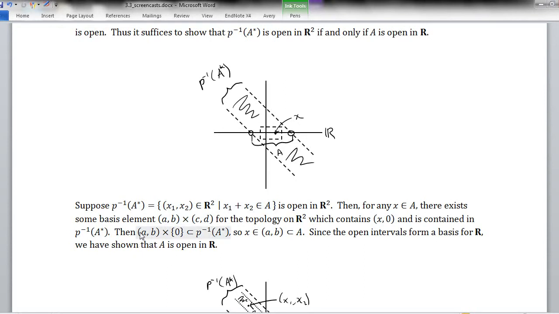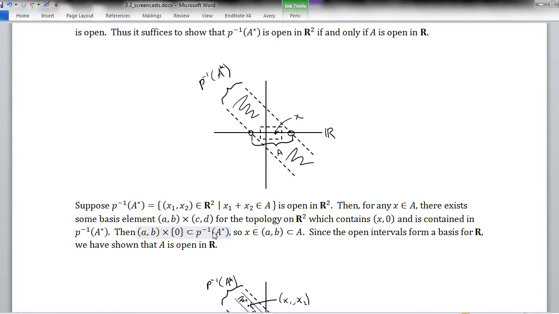What I'm going to do now is take this little piece of the horizontal axis, which is contained inside of that rectangle, which is just the interval from a to b times the singleton set {0}. All of those points have a y coordinate of 0. I claim that that's contained in P inverse of A star. Well, yeah, it's a subset of the open rectangle, which was itself contained in P inverse of A star, so that's certainly true.